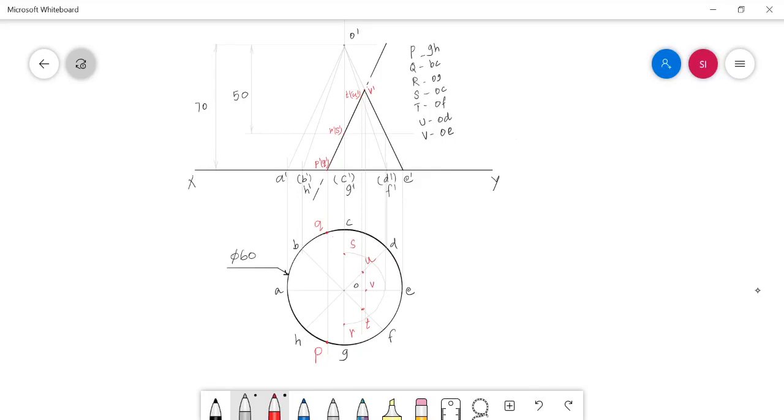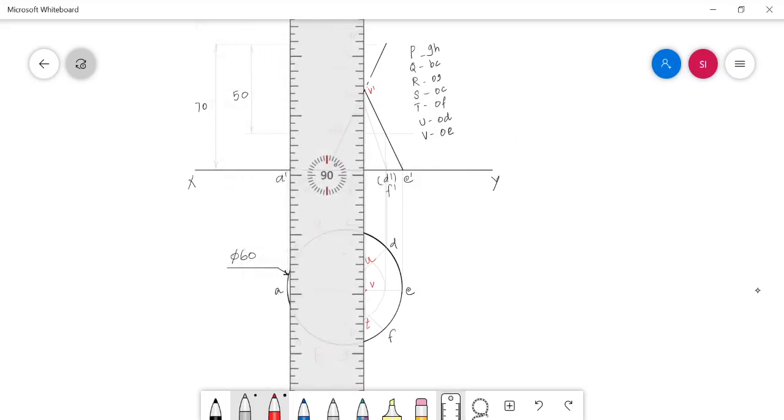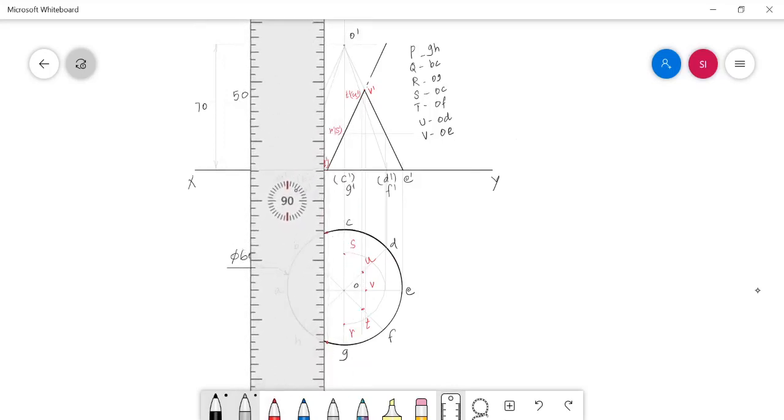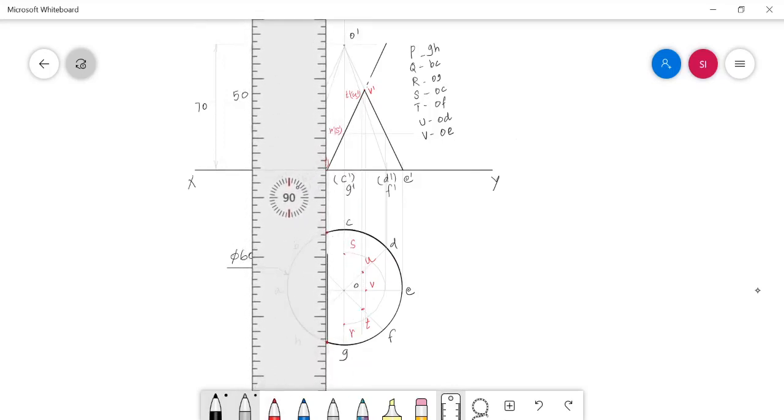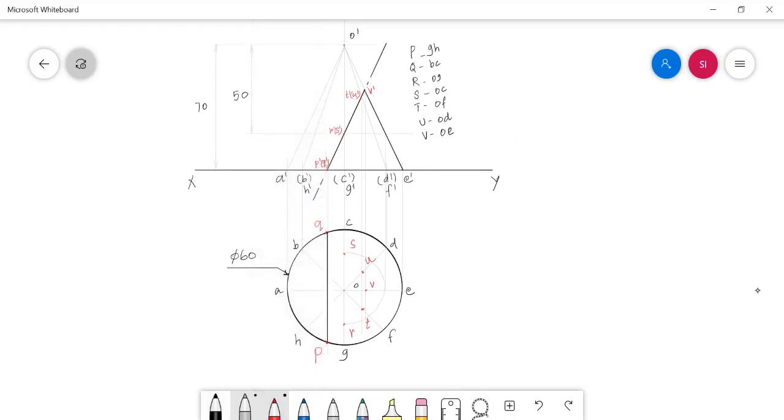After that, I needed to connect all the cut points with a smooth curve. It is a cone, so I needed to use smooth curve to connect the cut points. But the cut points P and Q, which are all obtained in the base, needed to be joined with straight line, not with smooth curve. And the remaining cut points can be connected with the smooth curve.